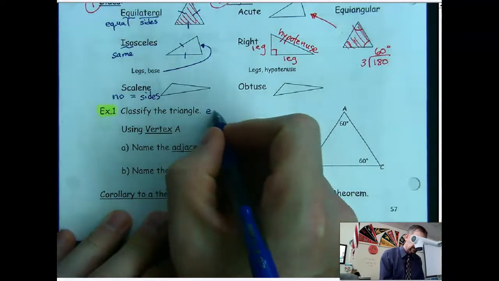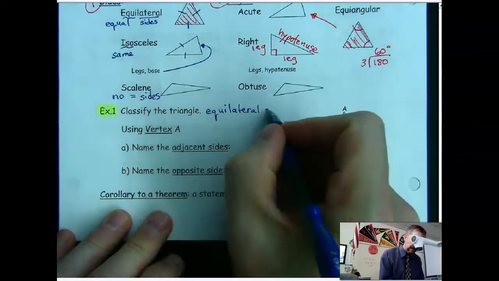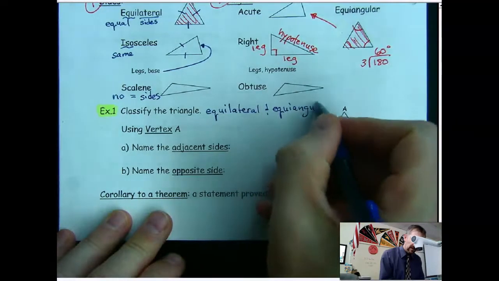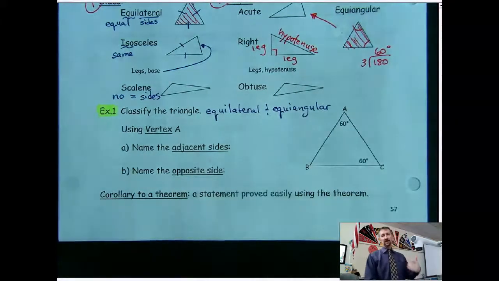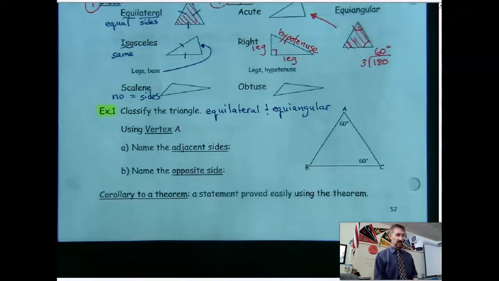So that means it's equilateral and equiangular. Now I don't have to say acute, because if it's equiangular it has to be acute, because if it's equiangular they're all 60. So equiangular is a more specific answer than acute in this case.